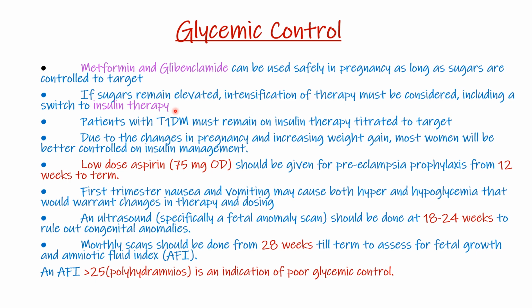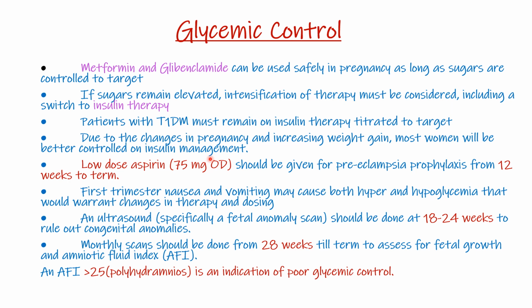I hope you are okay. And then patients with type 1 diabetes mellitus must remain on insulin therapy titrated to targets. Due to the changes of pregnancy and increasing weight, most women will be better controlled on insulin therapy. So I hope you are okay in terms of glycemic control. We said there are two types of diabetes, type 1 and type 2.